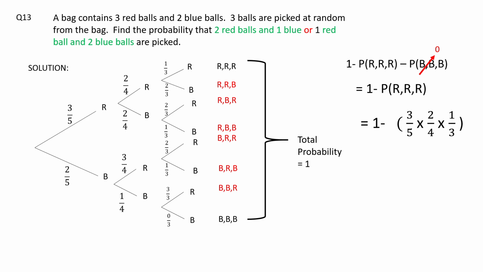Reduce the value by 1, so 3 minus 1, leaving only 2 red balls. So 2 over 4. For the third pick, 1 red ball is left, so the probability will be 1 over 3. Simplify this and you will get the final answer 9 over 10, which is the same as what we get by using the combination concept.